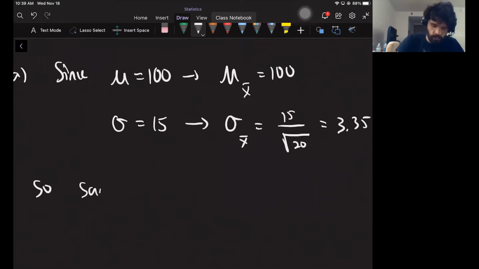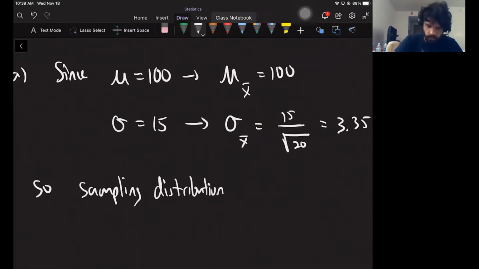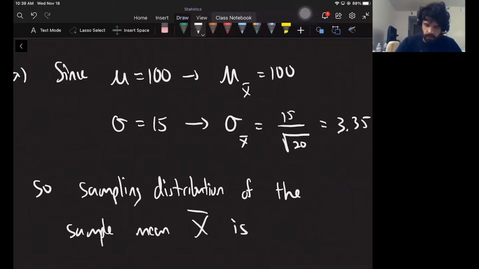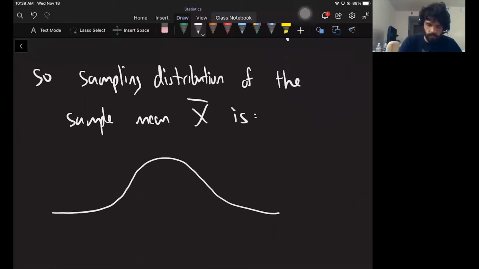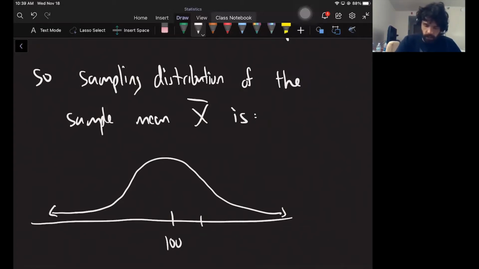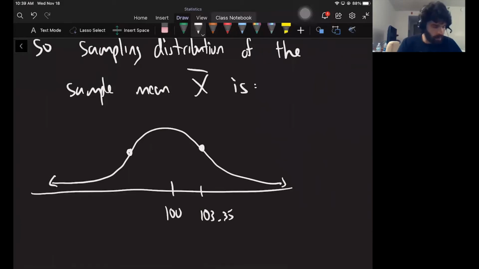So the sampling distribution of the sample mean X bar is, and now we're just saying it in a very fancy way, this distribution, where this is 100 in the middle still, but now the first inflection is at 103.35 because I've added one standard deviation, and I'm subtracting the same amount. Can't do that in my head though, so there you go.